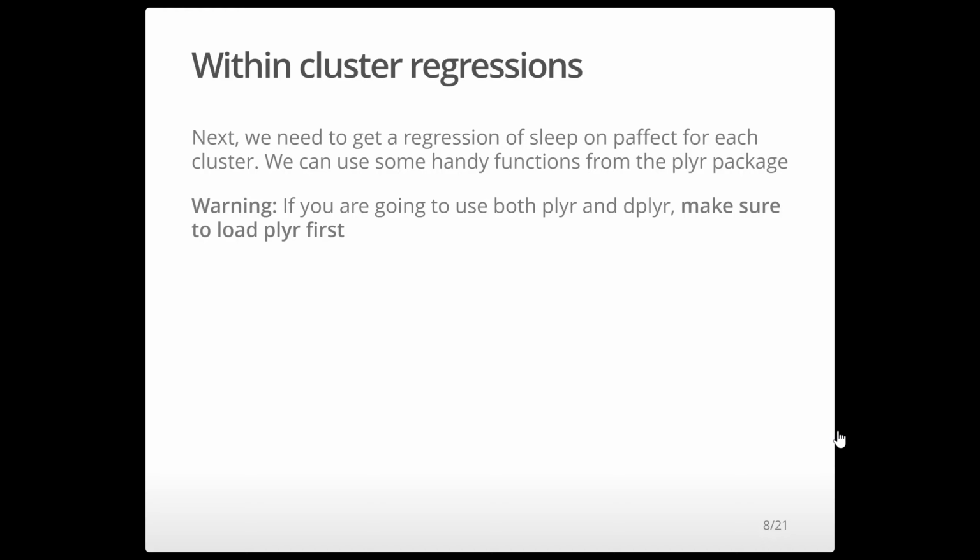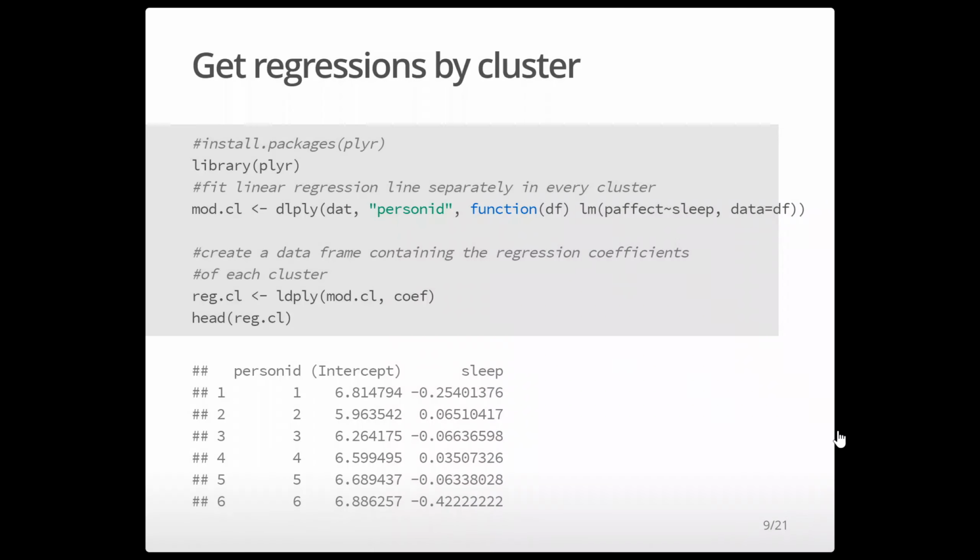So plyr isn't overwriting dplyr, but dplyr overwrites what it needs to in plyr. dplyr has some different methods for doing what we're going to look at here today that some people would really say are much better. They're a little bit confusing to my brain, so I like to use the old school plyr way. I encourage you to take a look at what dplyr has to offer if you're interested in getting more into R programming, though, because it's sort of a more modern way of doing things that's a little bit beyond the scope of this class.